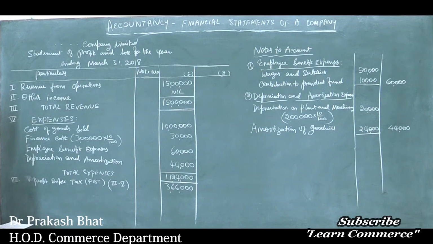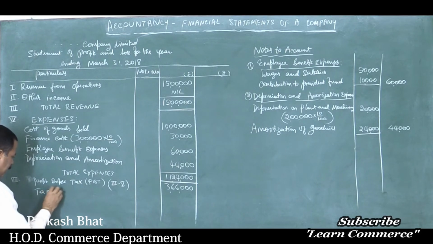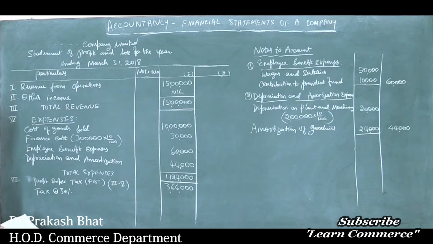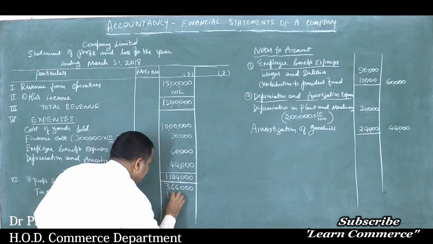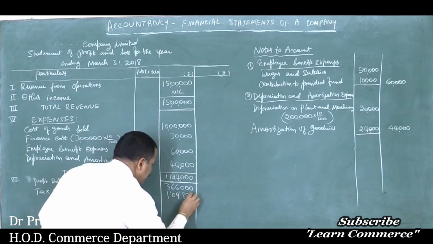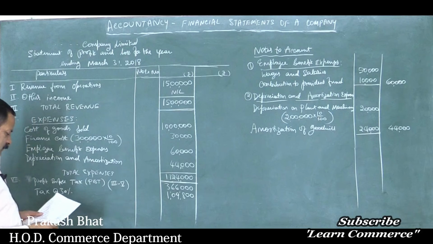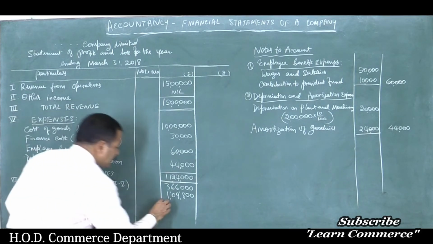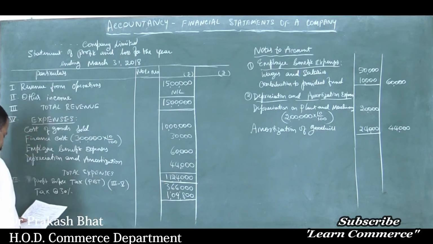Then tax at the rate of 30%. How much? 30% of 3,66,000 will be 1,09,800. So the difference will be profit after tax, PAT, that is 2,56,200.